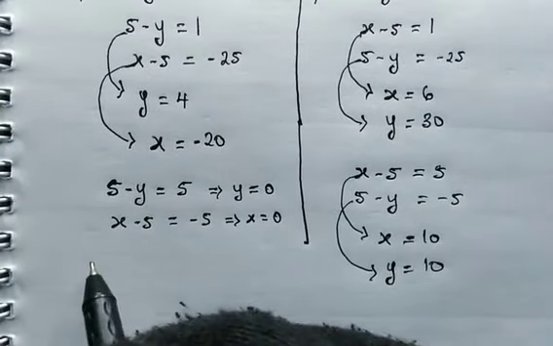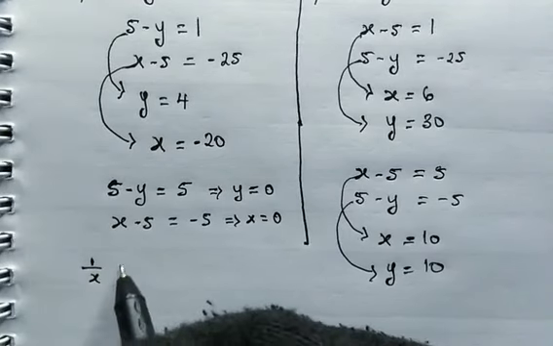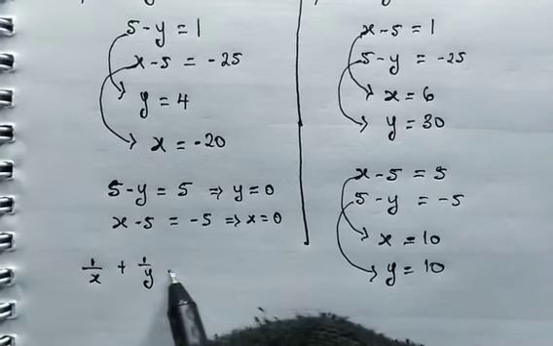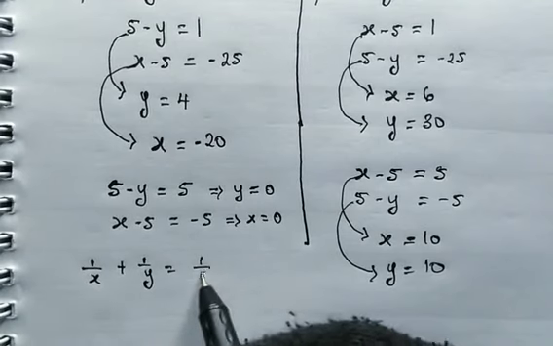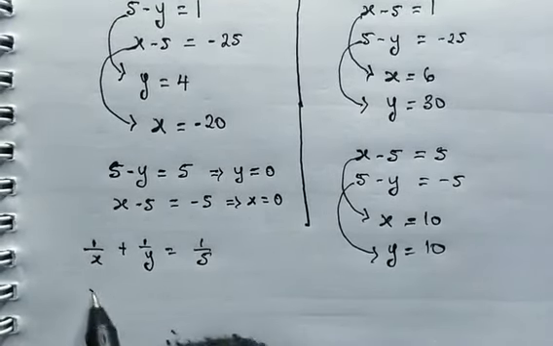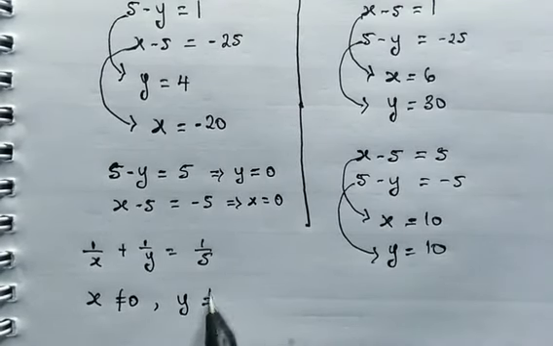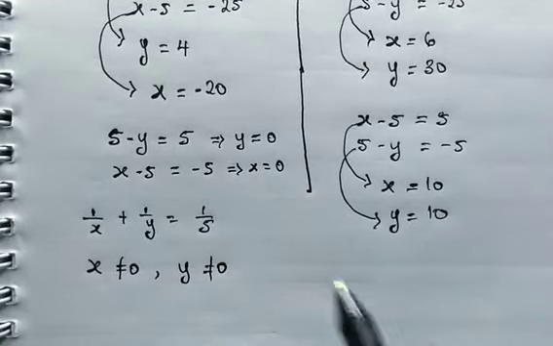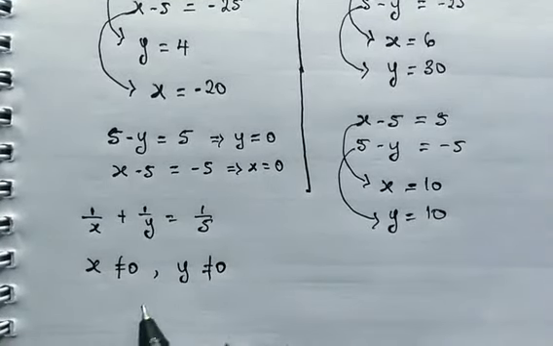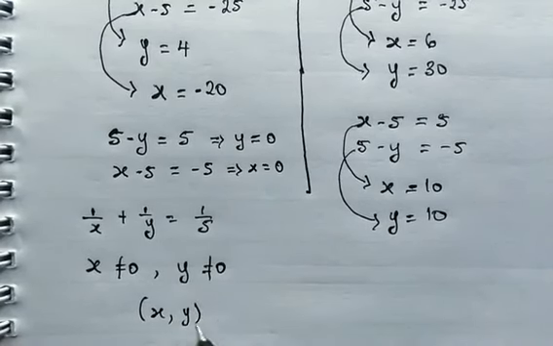Now let's take a look at the equation. We have 1 over x plus 1 over y equals 1 over 5. Obviously, x cannot be equal to 0 and y cannot be equal to 0, right? So the other solutions are valid. So here we have the solution for x and y.